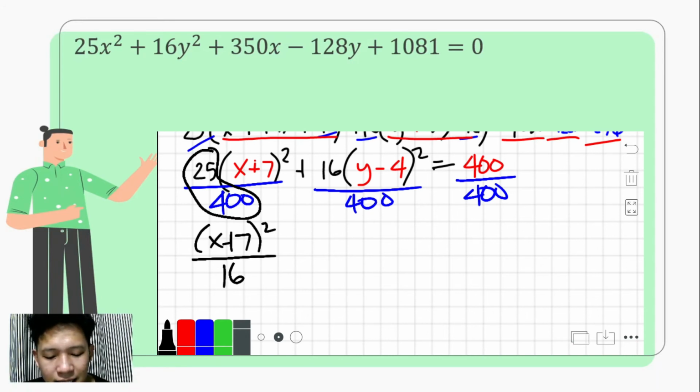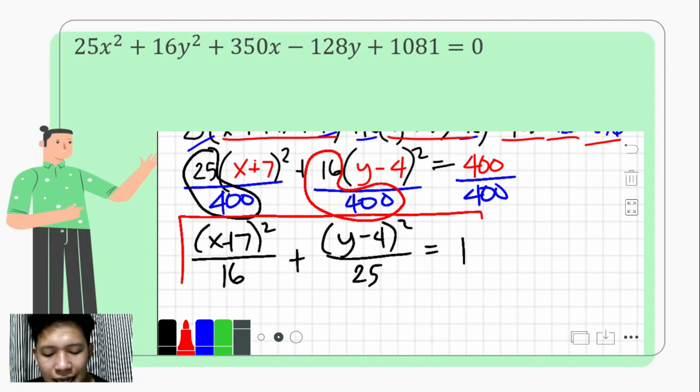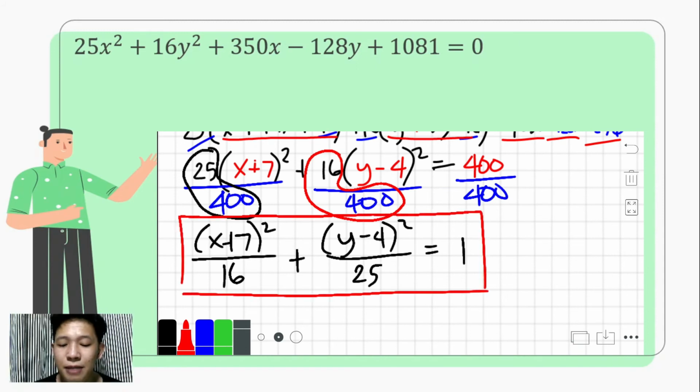Plus, when we simplify 16 over 400, that is y minus 4 squared over 25 equals 1. Hence, our standard form of the equation of the ellipse would be x plus 7 squared over 16 plus y minus 4 squared over 25 equals 1.